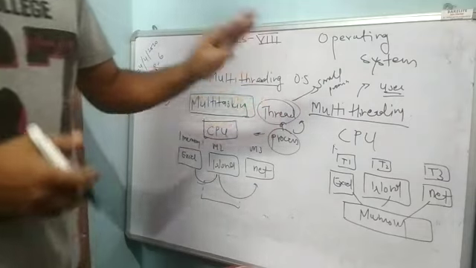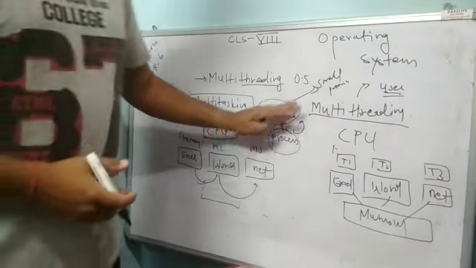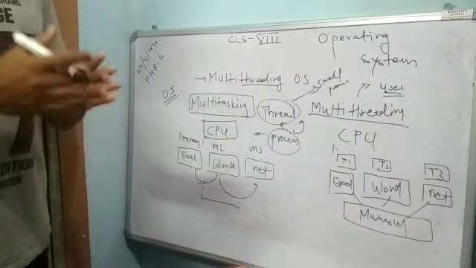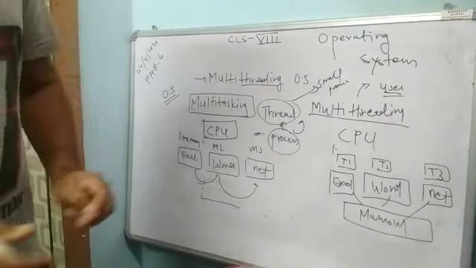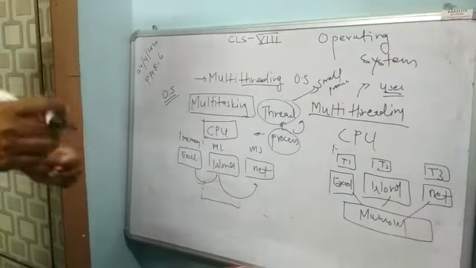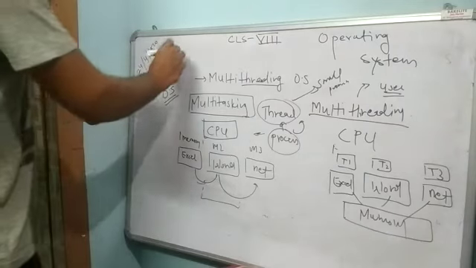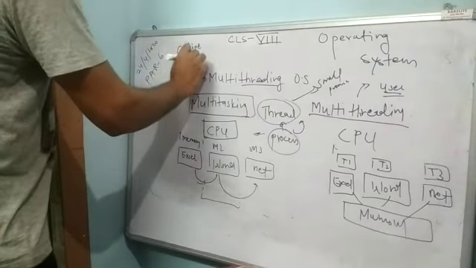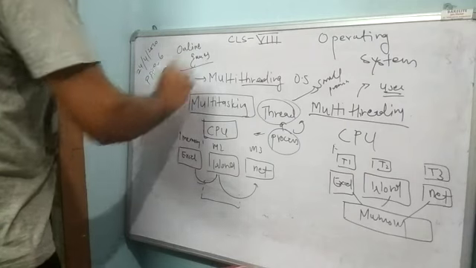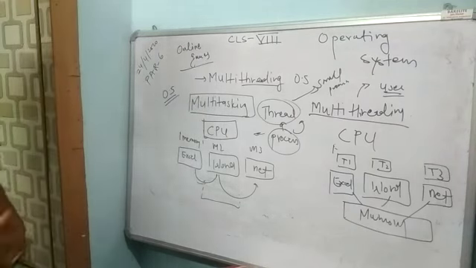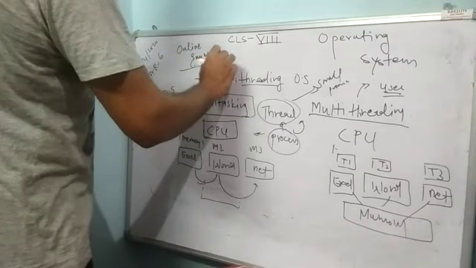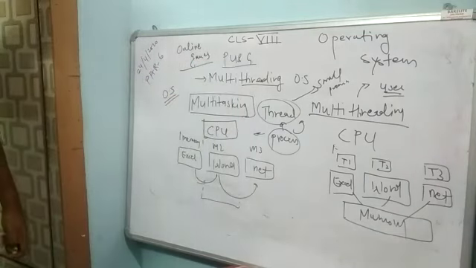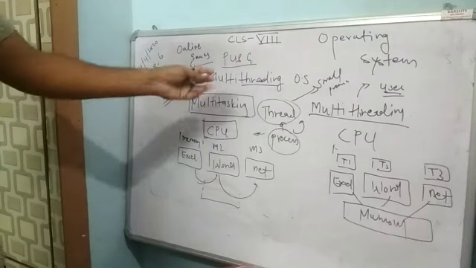Whenever you use a multi-threading operating system, you don't require a different memory slot or segment for the different tasks. A very live example of a multi-threading operating system is online games, like PUBG, a very famous game nowadays.